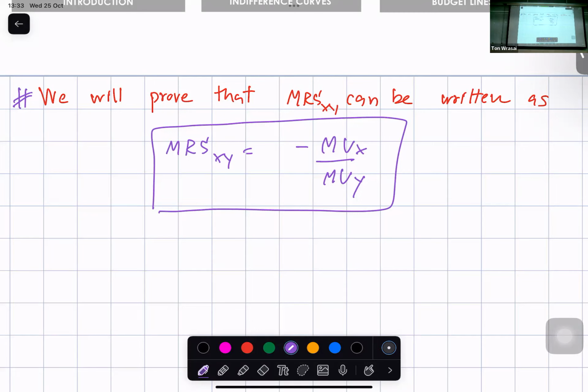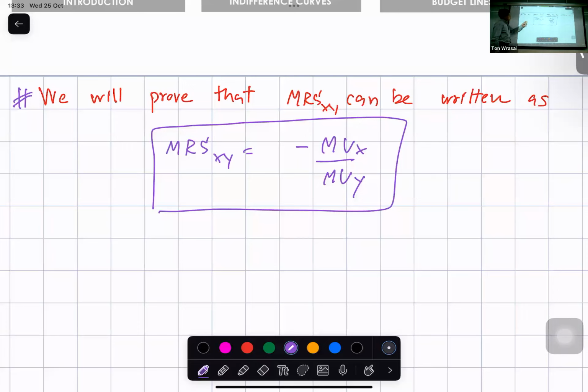Can you read this? Marginal utility is an increase in utility following the consumption of an extra unit of food. If you drink the next can of Pepsi, the additional utility that you receive, we call marginal utility. It's an extra utility from an extra unit of the good, MU.